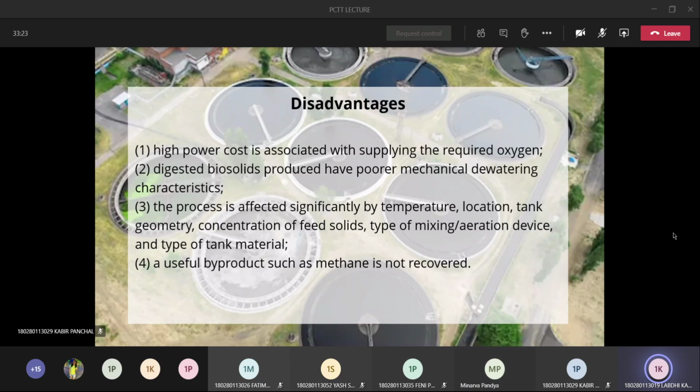The second disadvantage is digested biosolids produced have poorer mechanical dewatering characteristics, and useful byproducts such as methane are not recovered in the process of aerobic sludge digestion. So these were the certain advantages and disadvantages, some of which are overcome in anaerobic treatment, which will be explained by Yash. Next.